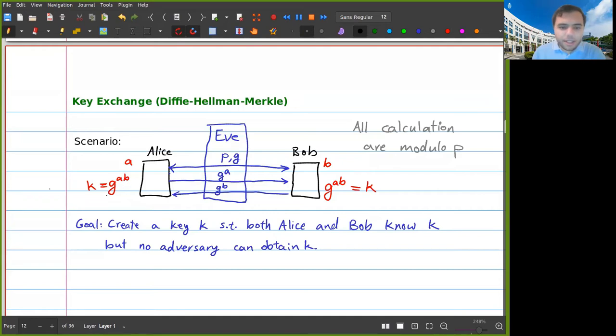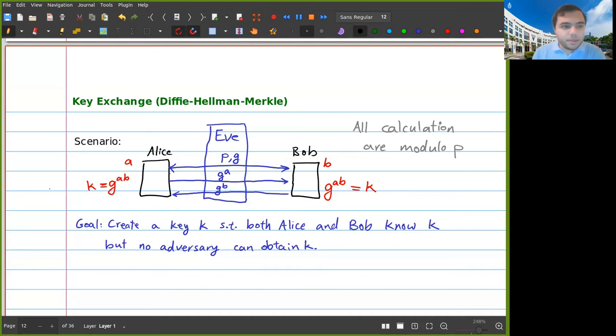Both Alice and Bob could compute G to the power of AB, but we talked about what happens from the point of view of someone who's just seeing the communication over the network. Eve can just see P, G, G to the power of A and G to the power of B, but she can never see the actual values of A and B. So it's hard for her to compute G to the power of AB based on just this information here.